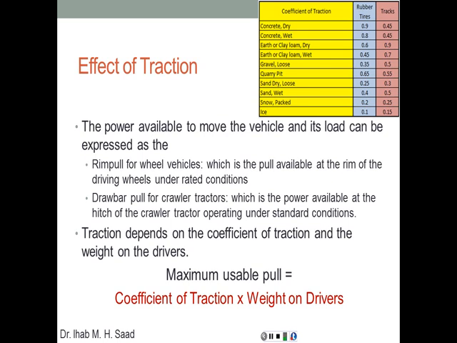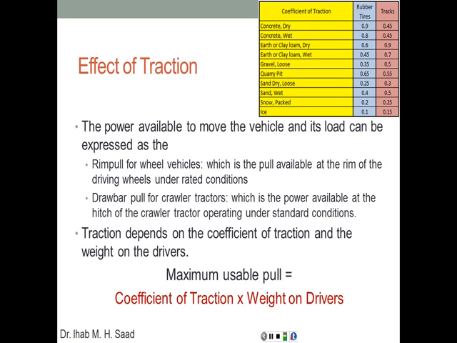So we're talking about rim pull in case of wheels, drawbar in case of tracks, which is the power available at the hitch of the crawler tractor operating under standard conditions. How much pull can it exert? How much weight can it pull?